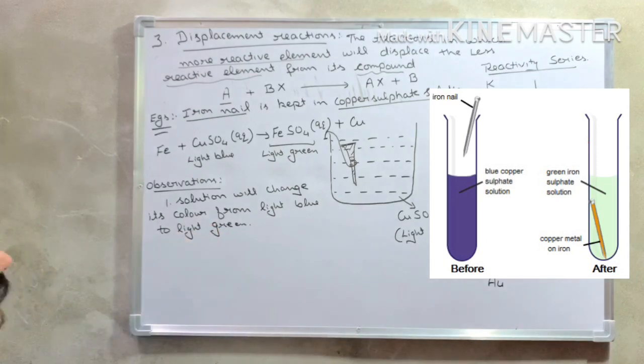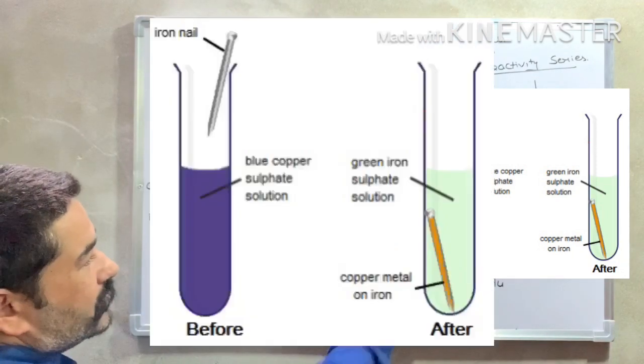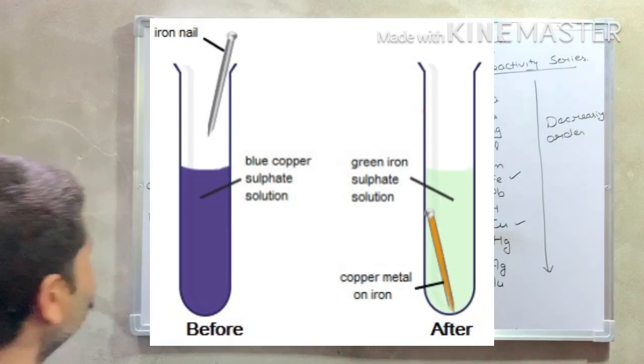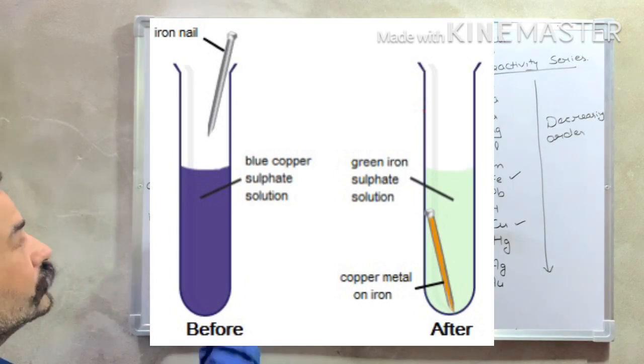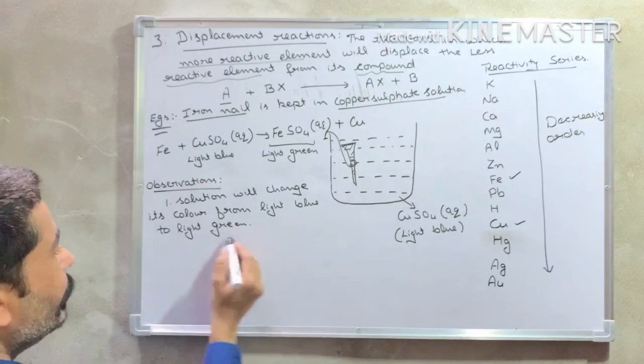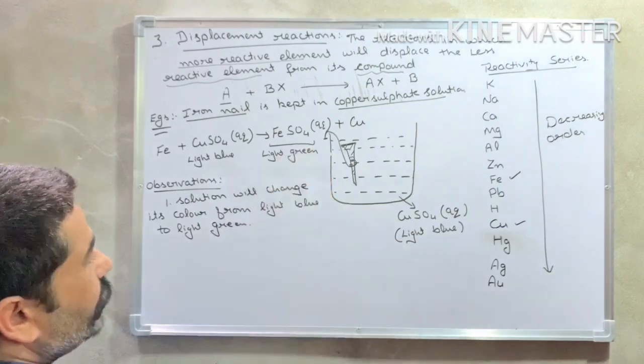Now why is it light blue? Previously because of the aqueous copper sulfate solution. And why is it turned to light green? Because of the displacement reaction, and this light green is due to the formation of ferrous sulfate.